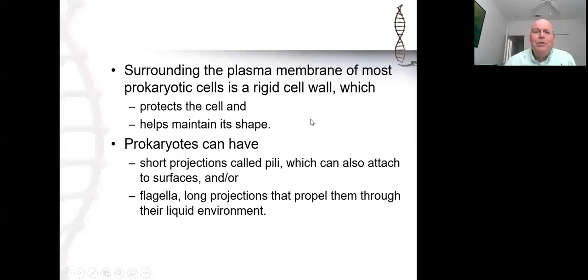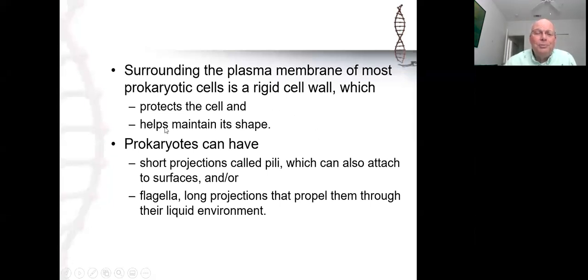One of the things that we do know about prokaryotic cells in terms of their structural features is that they have a cell wall around the outside of them. This is to stop them from swelling up and bursting because they live in an environment that's essentially pure water. Not quite pure, but it is close. And as a consequence, water has a tendency to flow into the cell. We'll talk more about that in an upcoming chapter as to why.